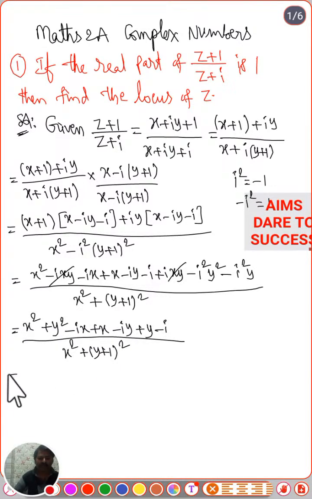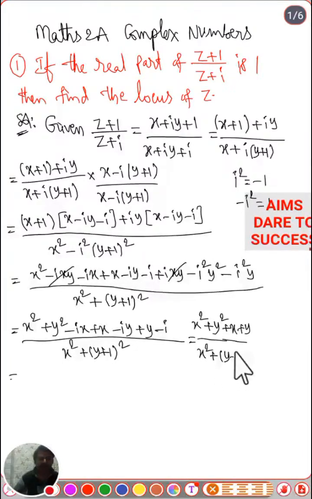Here, my dear, this part can be written as x square plus y square plus x plus y, divided by x square plus (y plus 1) whole square, later plus i.